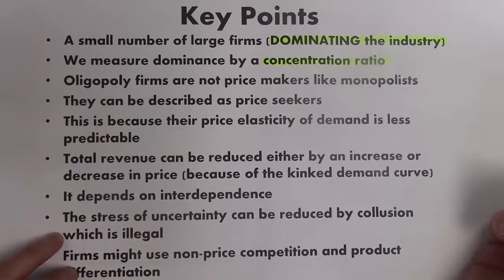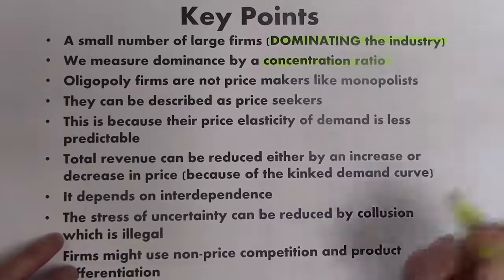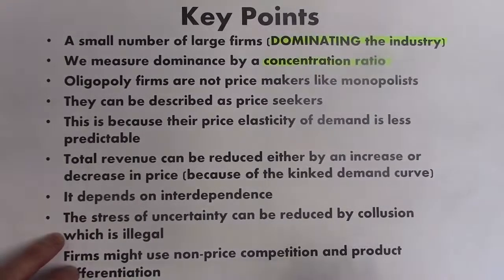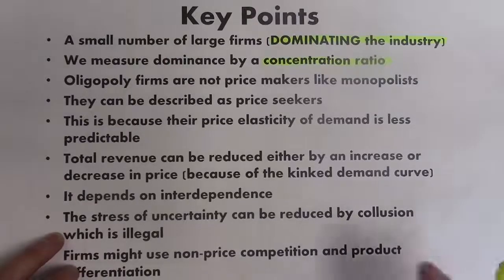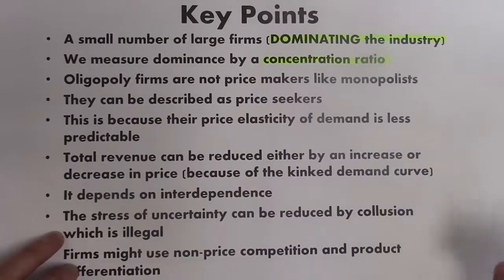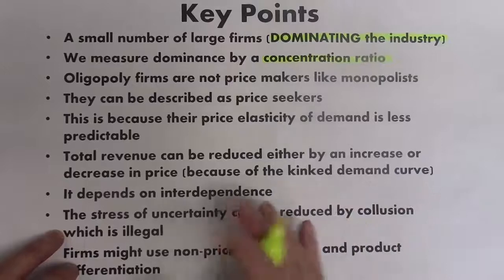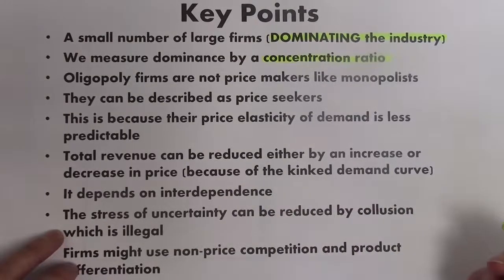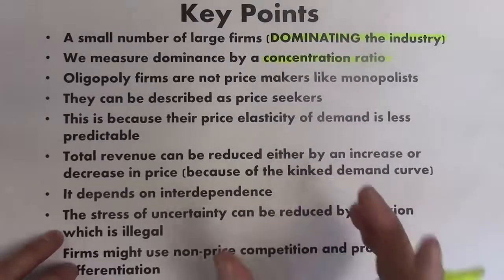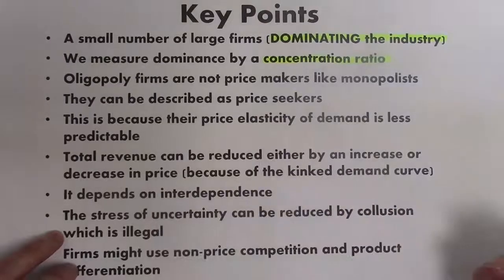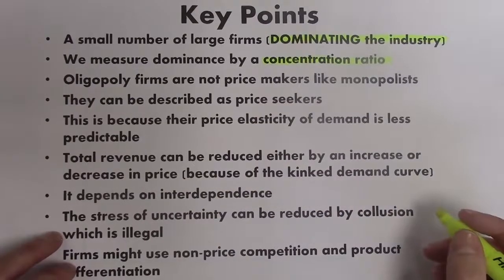Oligopoly firms are not price makers like monopoly. They're not price takers either. There is a difference between monopoly and monopolistic market structures. Oligopolies would have more control over price than some other market structures.